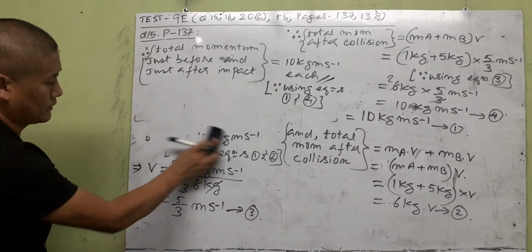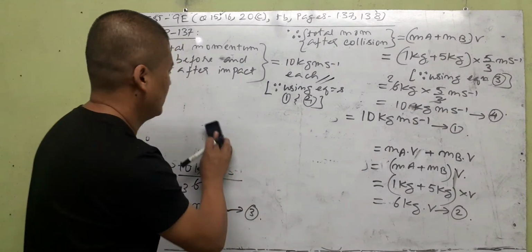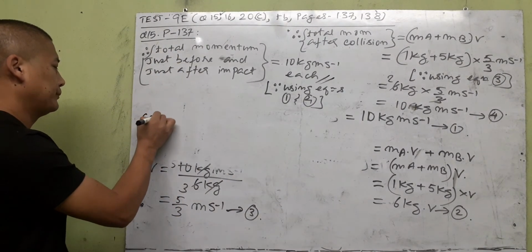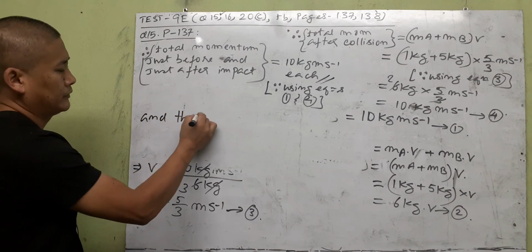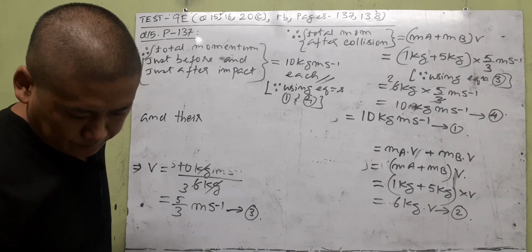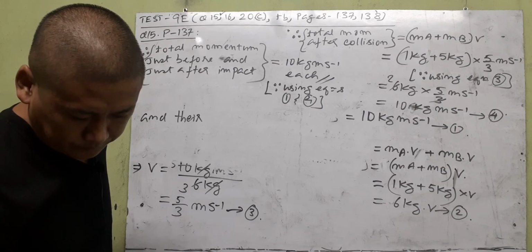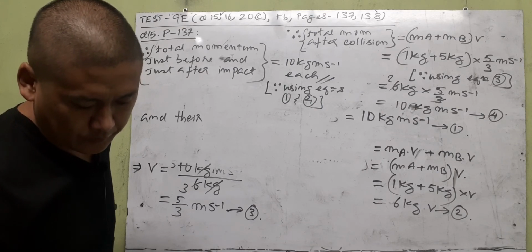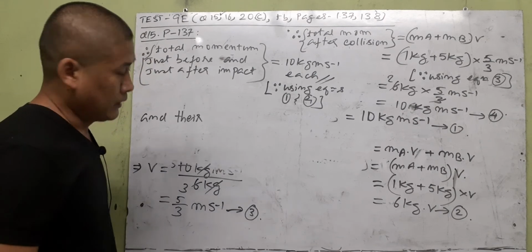Then the second part of the answer, they're asking for the combined velocity. You write here, and let's see the question. Also calculate the velocity of the combined object.